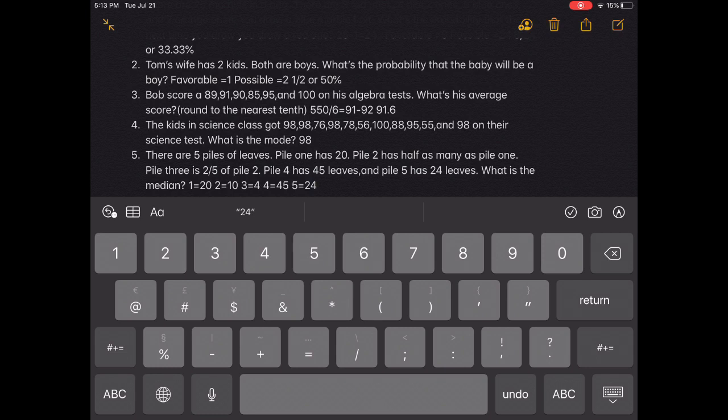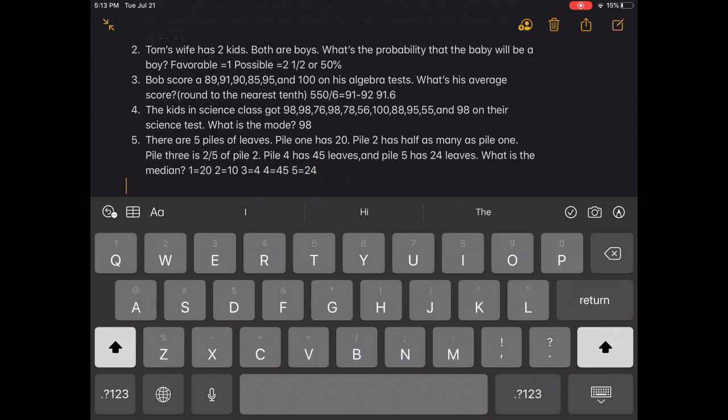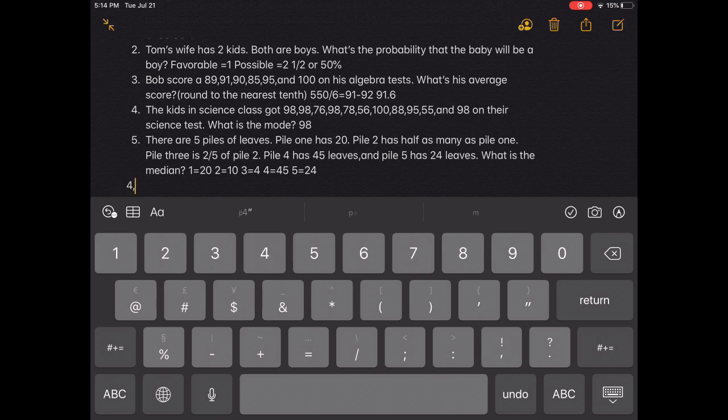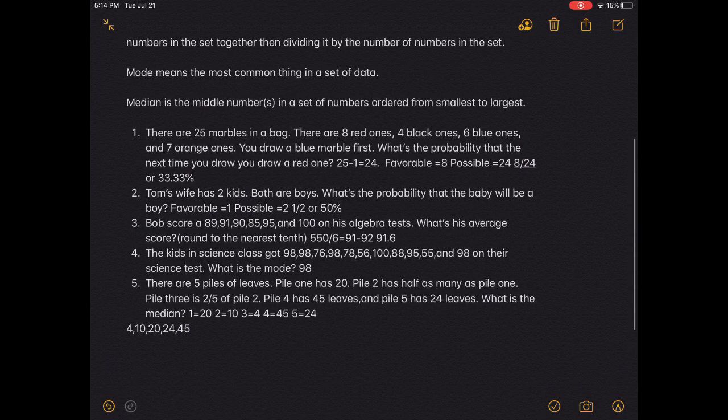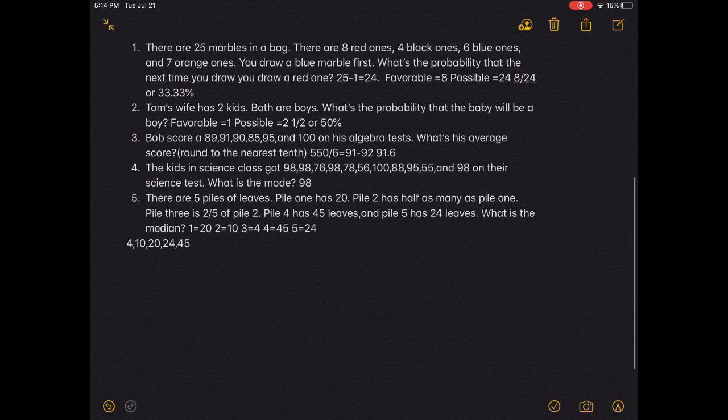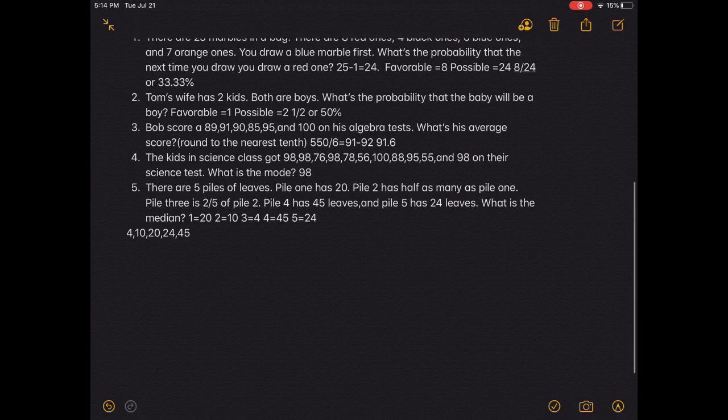So in the statement above, you read that the median, you have to order them from smallest to biggest, and the smallest here is 4, the second is 10, the third is 20, the fourth is 24, and the fifth is 45.